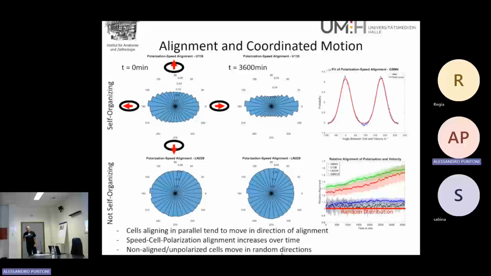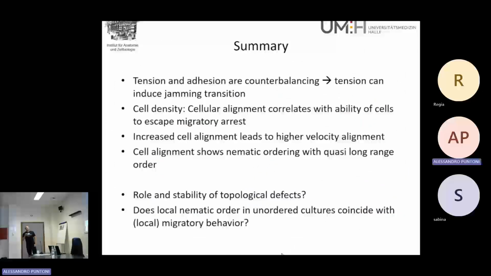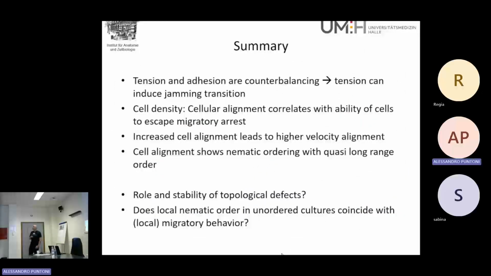With that, I just want to briefly summarize the results of our work. I talked about the role of tension and adhesion in our system, and I hope I could demonstrate that tension is most likely associated with the slowdown of movement and the eventual induction of a jamming transition.